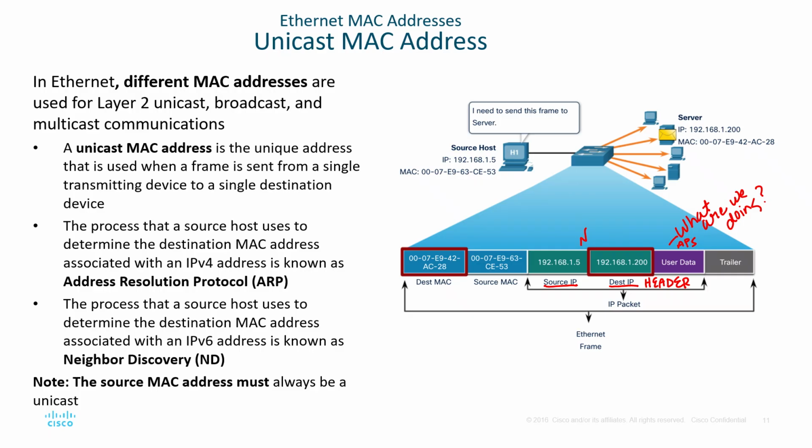Then it comes down to the data link layer. Your data link layer puts in a destination MAC address and a source MAC address in its header. And in the trailer, in the frame check sequence field, it puts that CRC value for error detection.